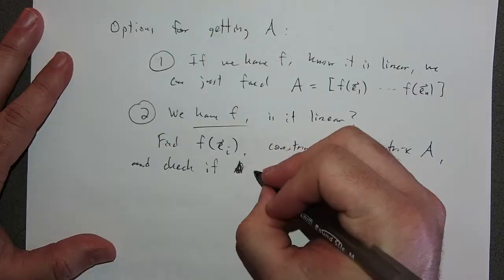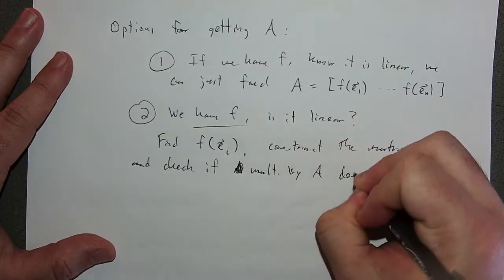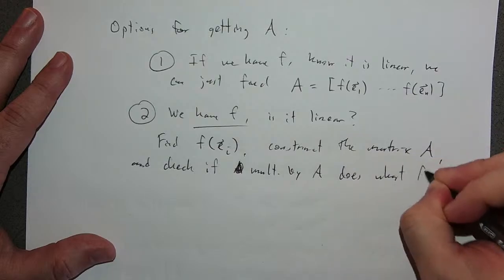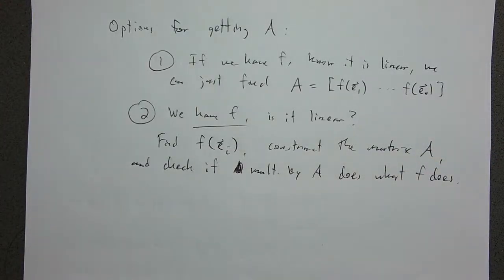Maybe I should say, if multiplication by A does what f does. It has to do exactly what f does, obviously. It can't kind of sort of do what f does. It has to do the exact same thing.